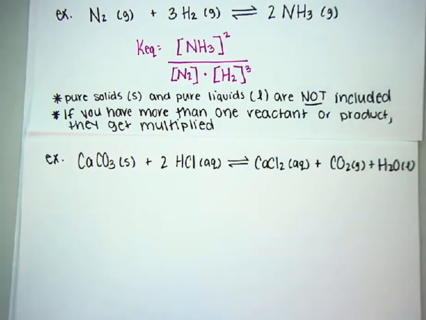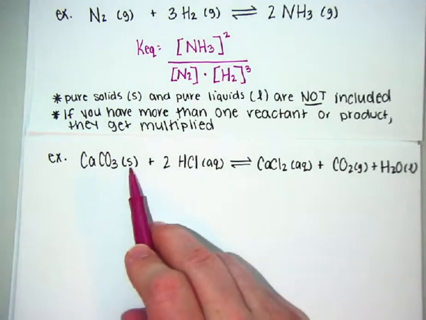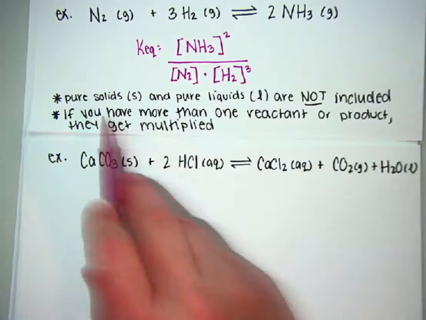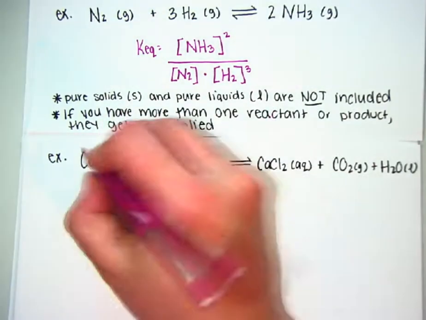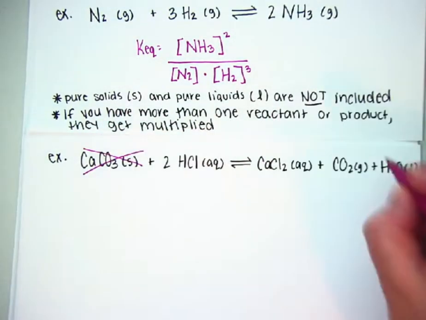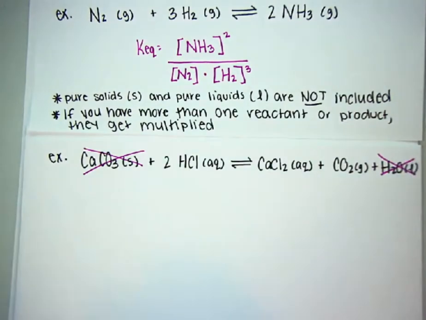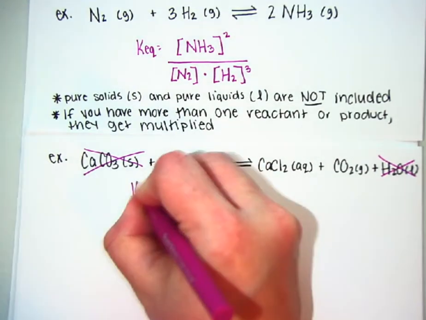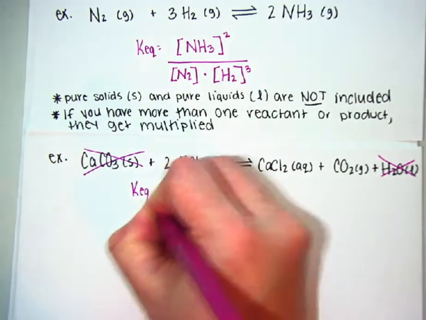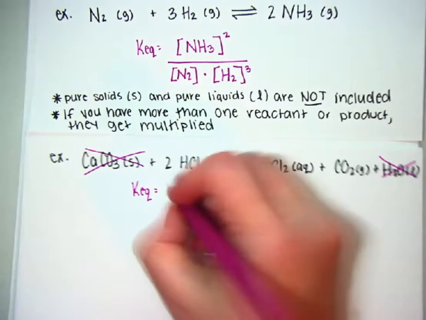So the first thing that I'm going to do is I'm going to look at all of my states of matter. Solids and liquids are not going to be included. So I'm going to ignore my solid and ignore the liquid. Now when I go to write my KEQ expression, it's going to be products over reactants.